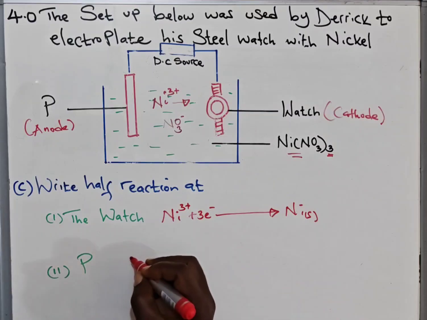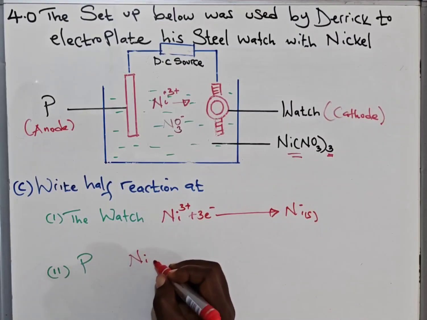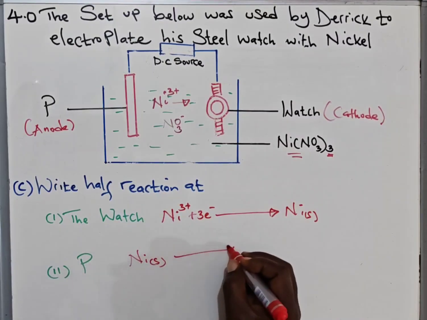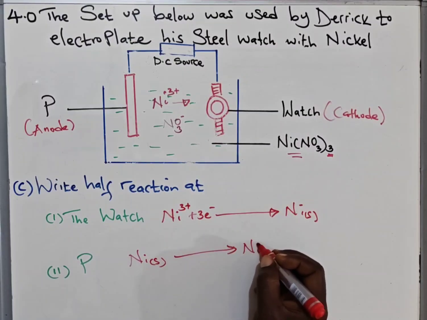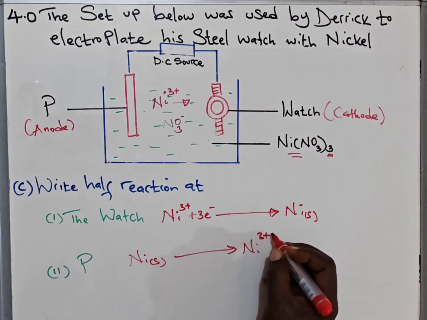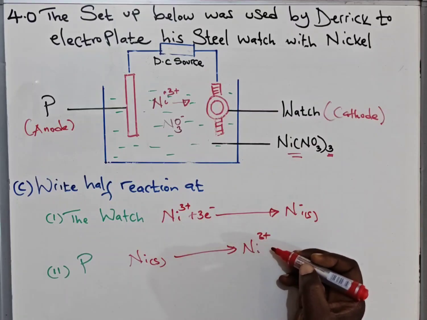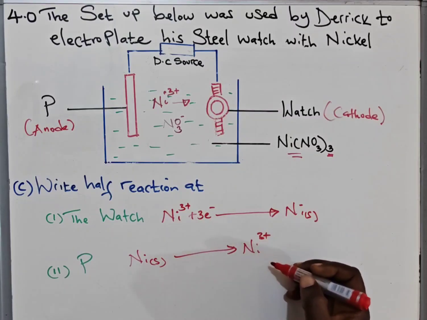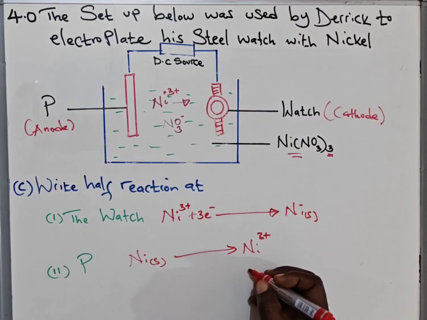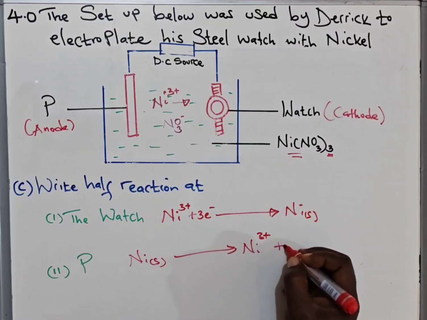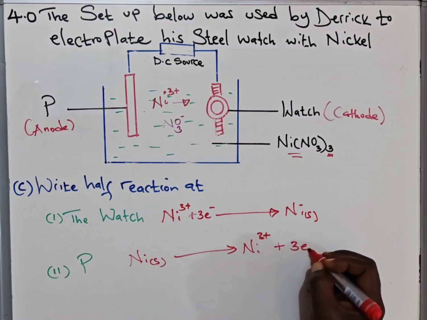So what are we going to have here? We are going to have nickel solid changing to nickel ions. Like we said before, the charge on the ions tells us the number of electrons involved, and how many. There are 3. So we put them there.